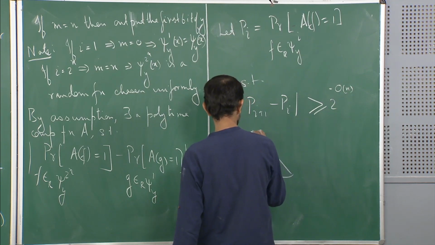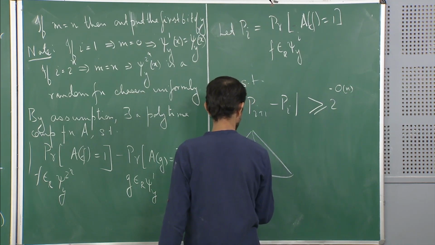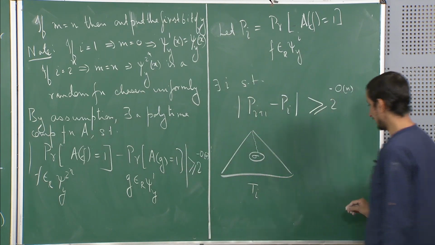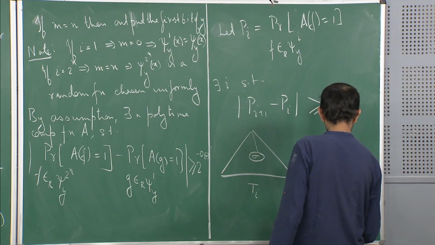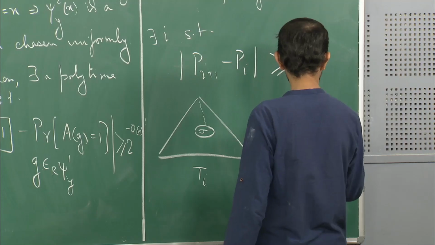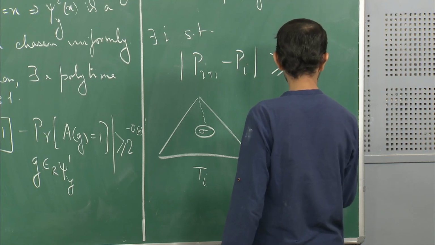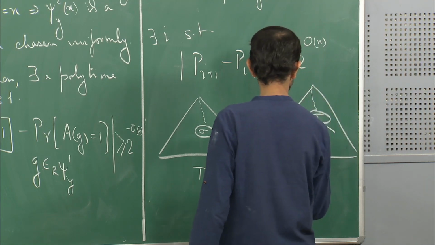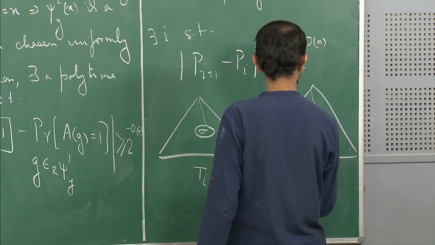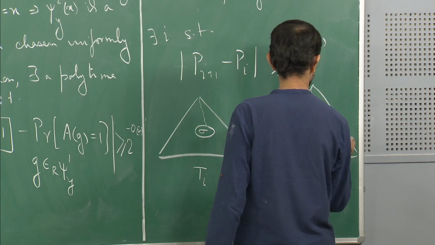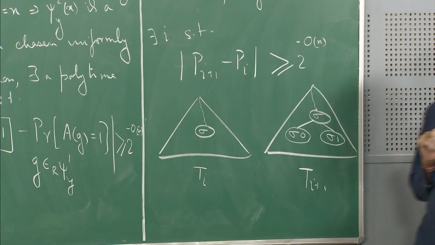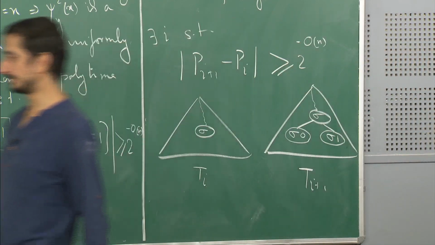Essentially there is some leaf node sigma over here, and in T(i plus 1) what I have is sigma along with its two children, sigma0 and sigma1. This is exactly the difference between these two trees.